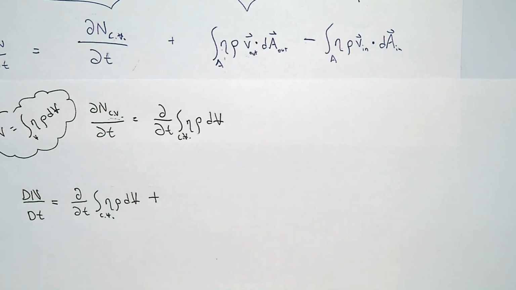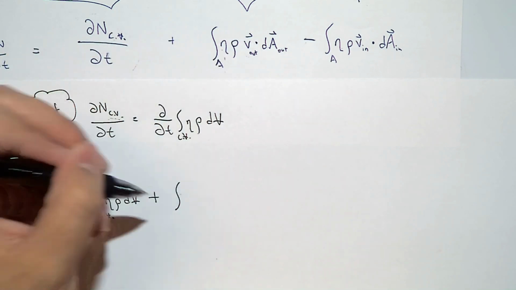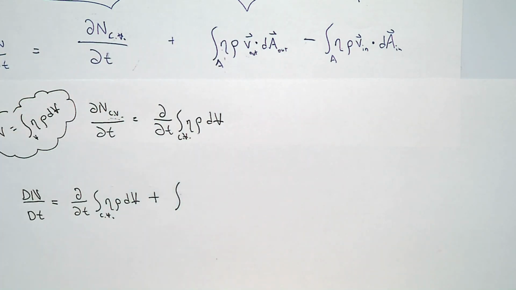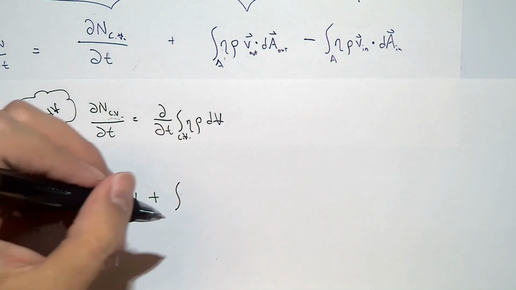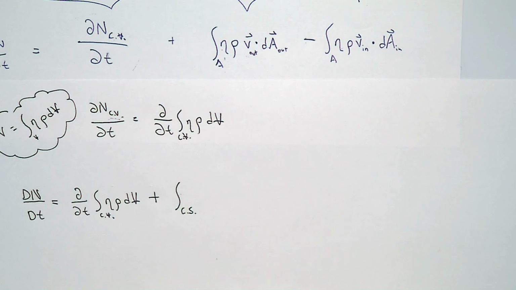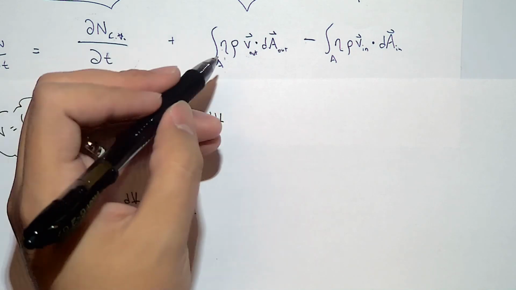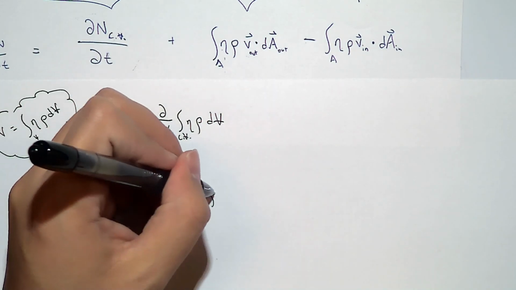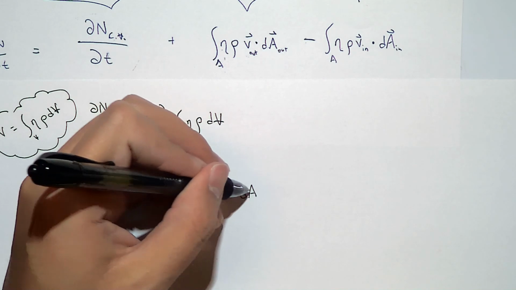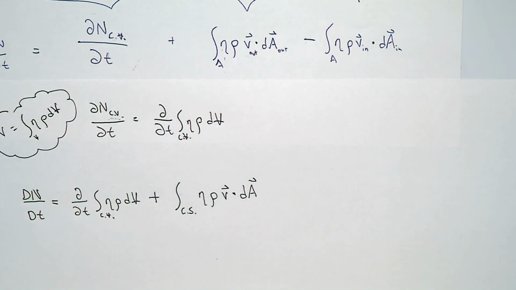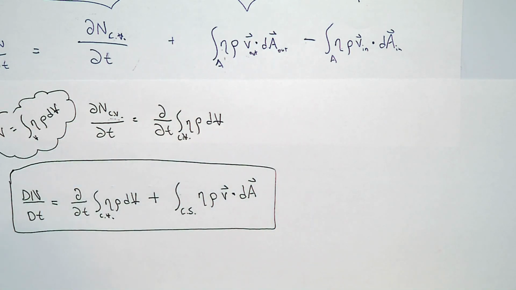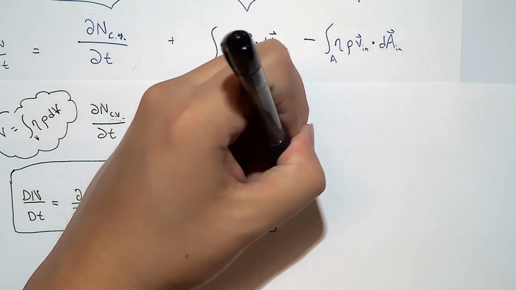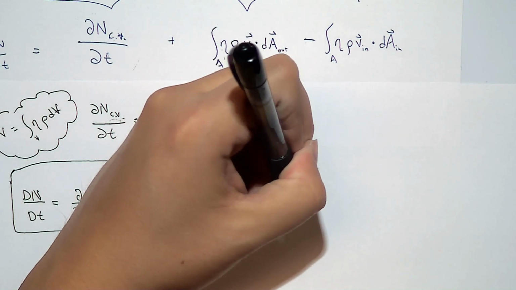I can combine these two integrals into just one integral evaluated across the entire control surface, because the areas where fluid enters and leaves the control volume are what we call the control surface. So plus the integral of my intensive property times density times velocity dot dA, evaluated over the entire control surface, what enters as well as what leaves. And this wonderful clean equation is called the Reynolds transport theorem.